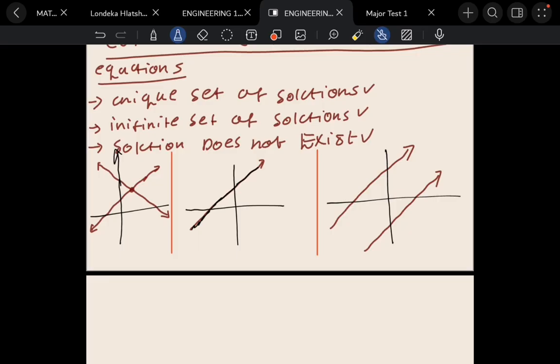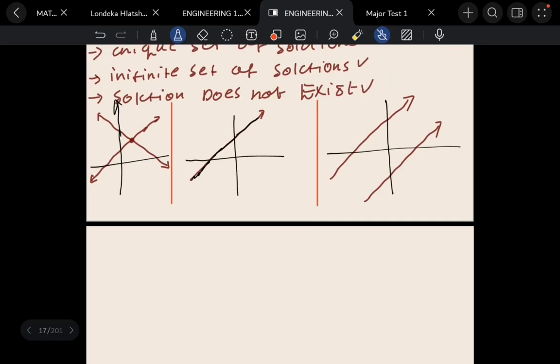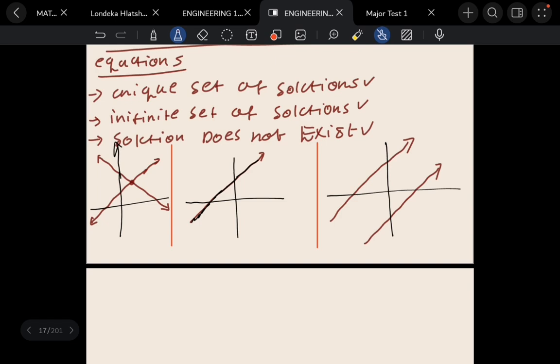So how can we do it? Because we are going to have a system of equations, we are not going to have equations with only two or three variables, but equations which have more variables in them.